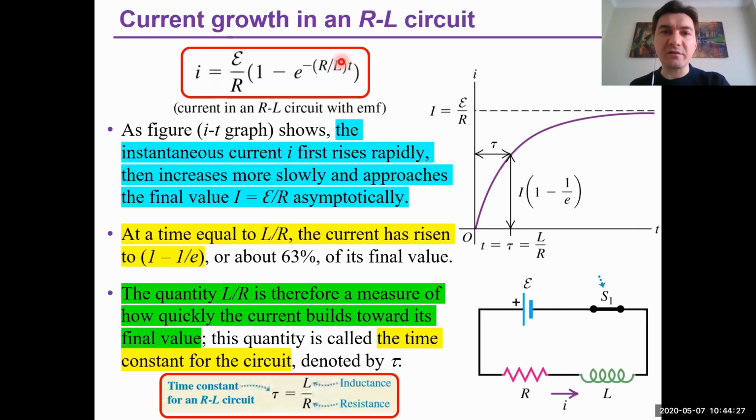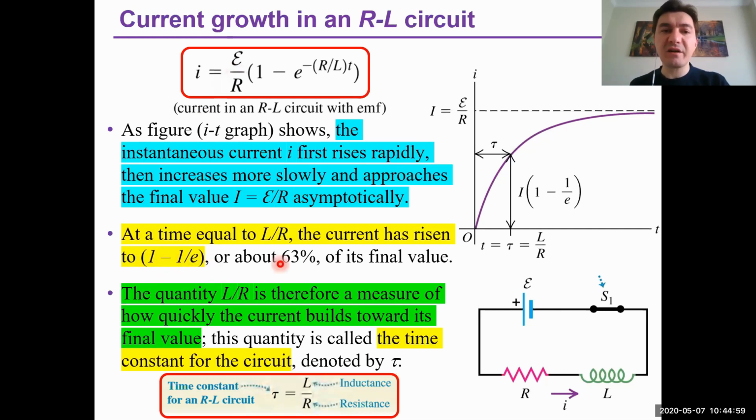Look at this one, time. When the time is equal to L over R, just put L over R here, then this term will be cancelled, and here we will have e to the minus 1 on the right side. If the time is equal to L over R, then we will have current with that term, E over R times 1 minus 1 over e.